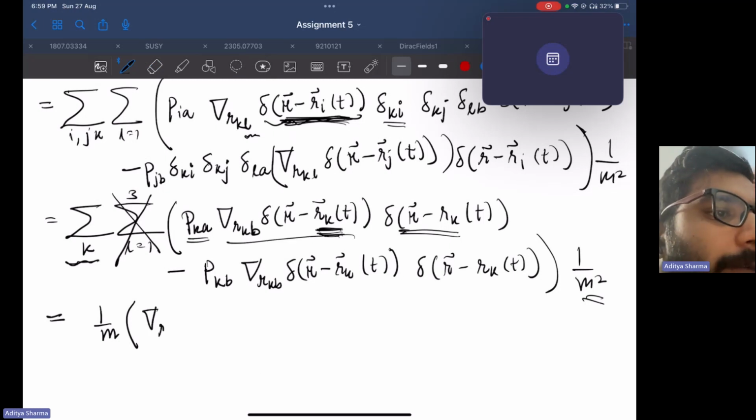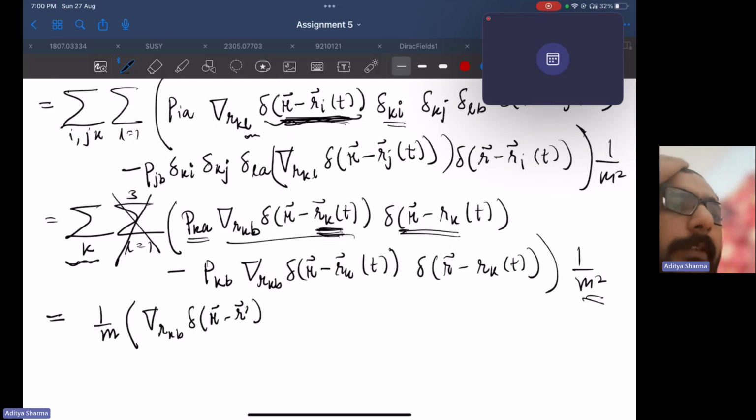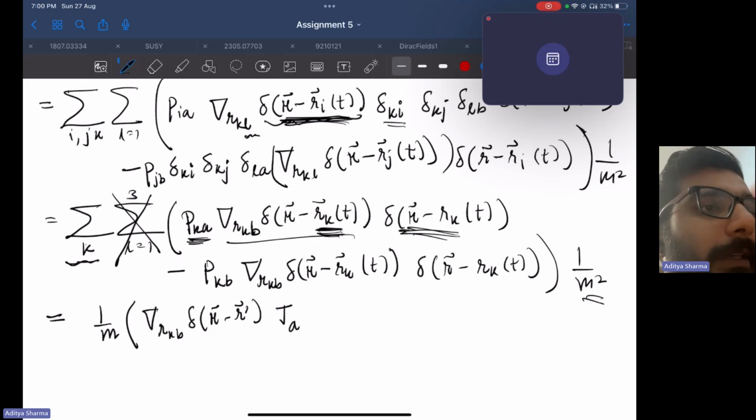So gradient of R_KB, Dirac delta of R minus R prime, is taken out. Now, since this is taken out and this is R prime, the summation will go inside and act on only these two and give us J_A(R prime, t).